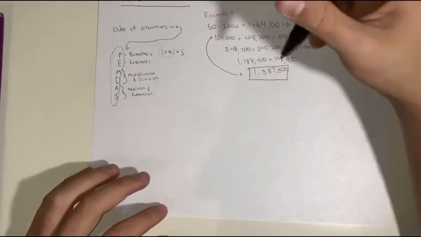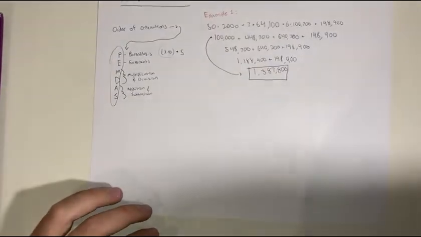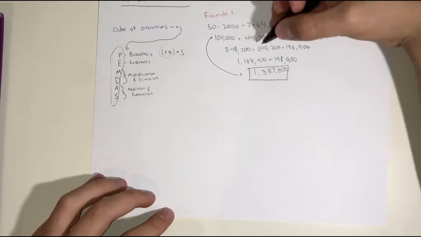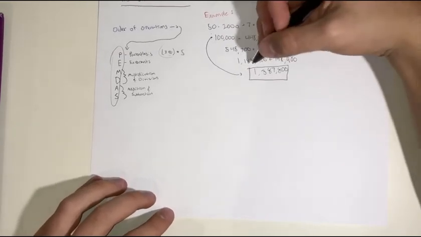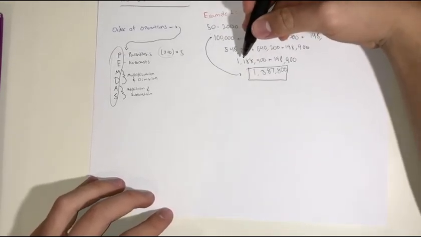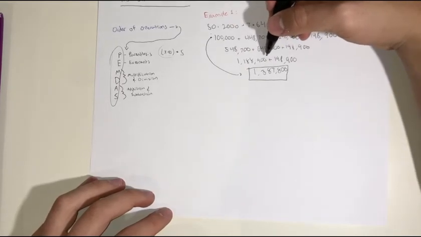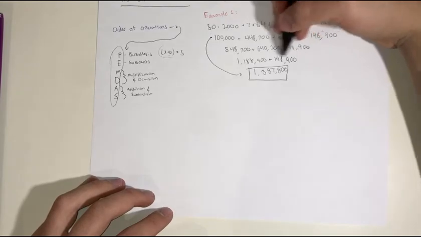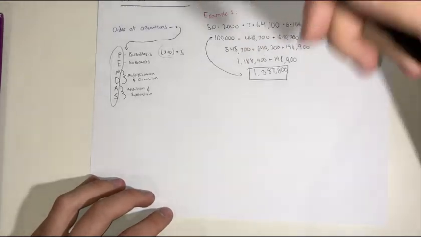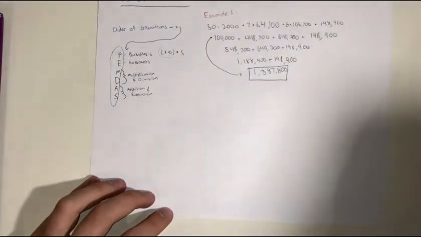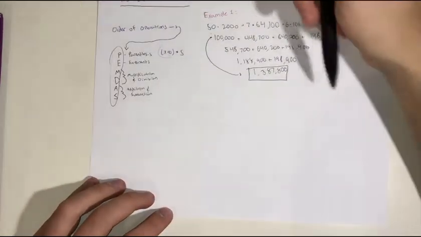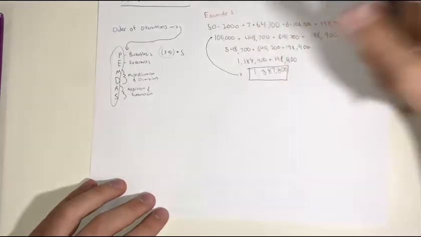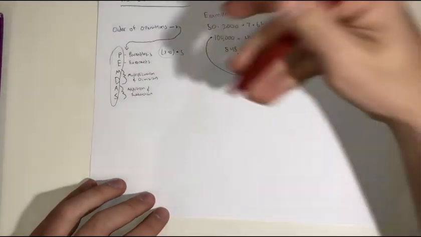Because these aren't numbers I could exactly do in my head very quickly, we get 548,700 plus 640,200 equals 1,188,900 plus 198,900. And then you add 1,188,900 plus 198,900 equals 1,387,800.